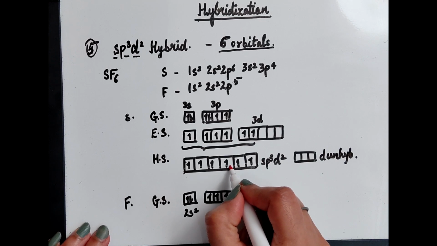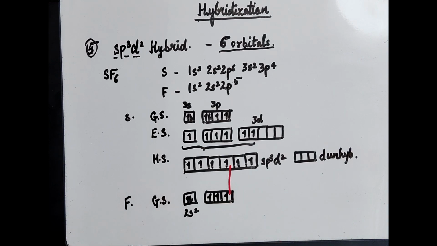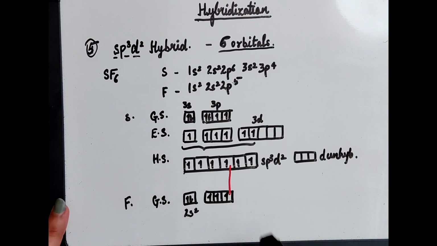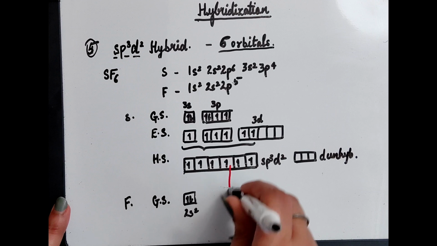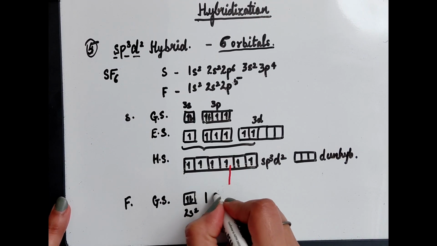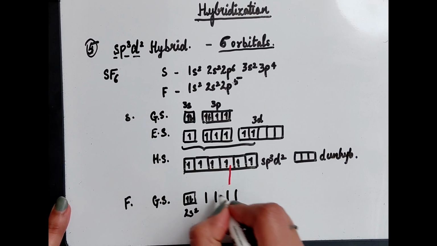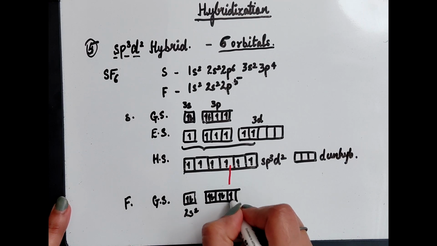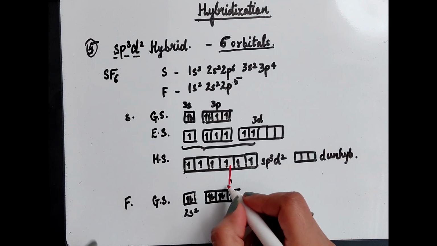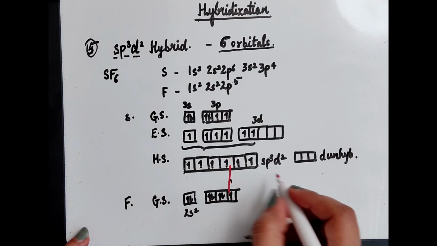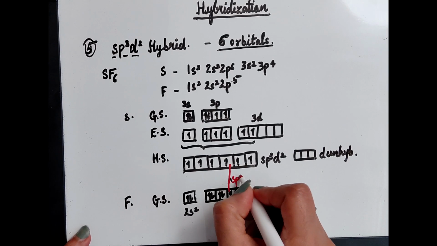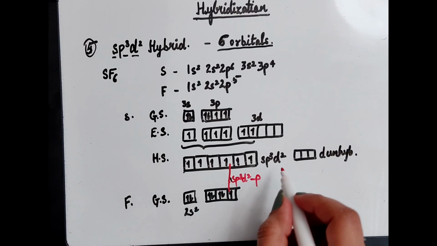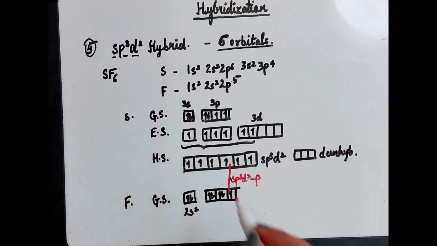So there will be a bond between this fluorine and sulfur, so there will be pairing in this, and this will bond with sp3d2. So this bond will be known as the sp3d2-p bond: p of fluorine and the sp3d2 hybridized orbital of sulfur.